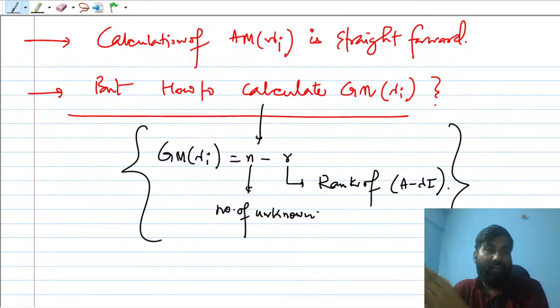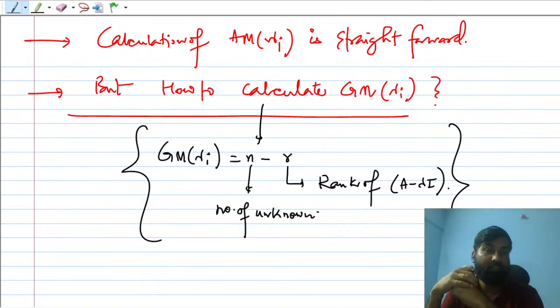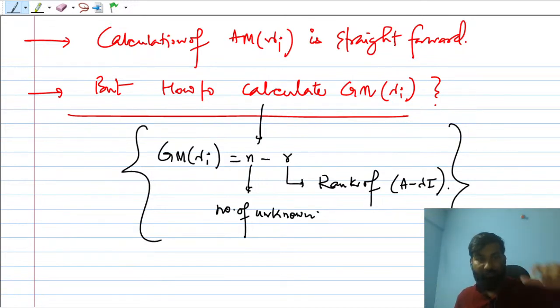How can we find gm of lambda I? Suppose we have got lambda 1, and we want to find the geometric multiplicity of lambda 1. So what we have to do? N minus R. First of all we have to calculate A minus lambda I for that lambda. How to calculate A minus lambda I? That you know.